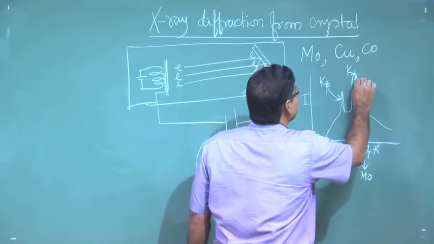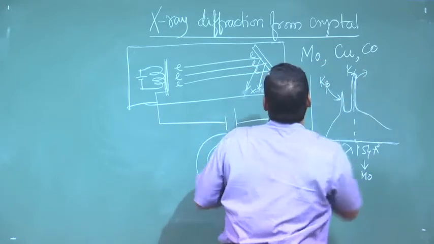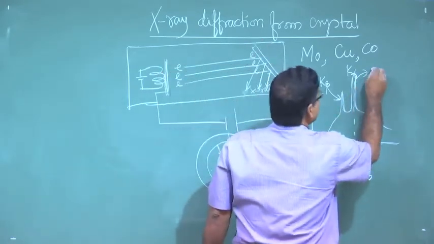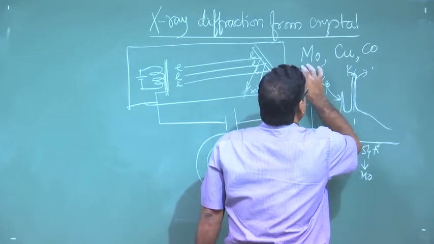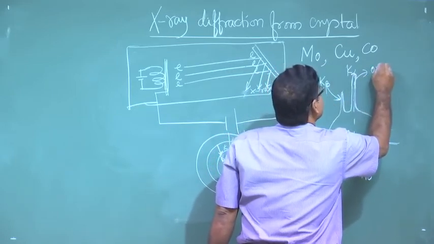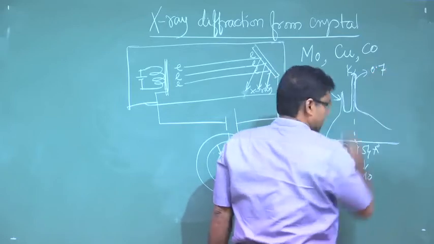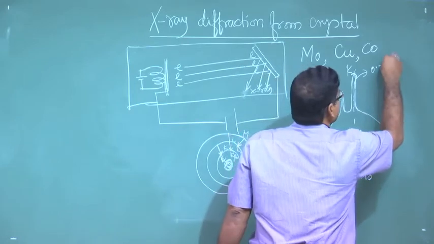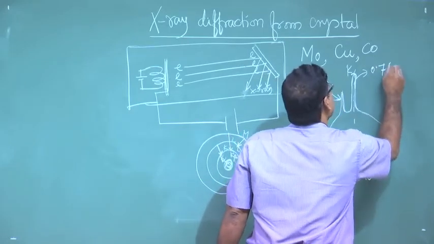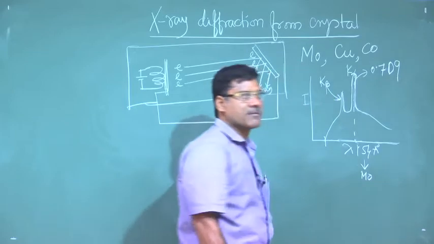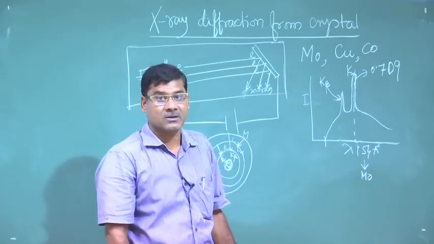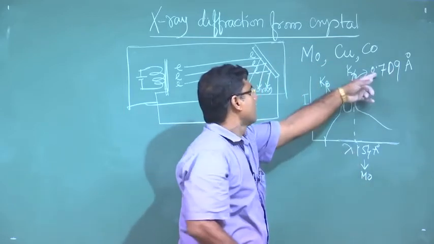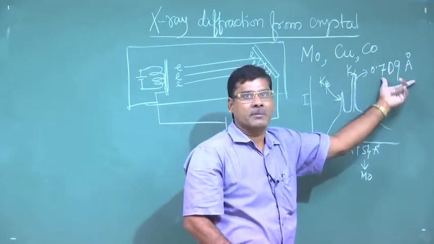the wavelength is different. The molybdenum K alpha wavelength is around 0.709 angstrom.